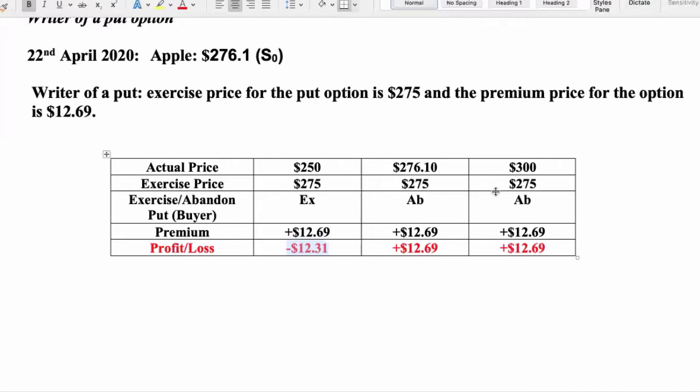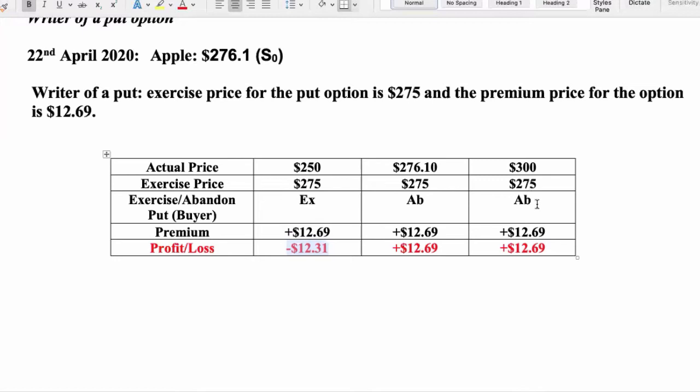What about here then? Let's look at the extreme example because I'll only be repeating myself for the middle one. So let's look at the extreme one. It's easier to look at. The buyer bought the option at $275 to sell at $275, but the stock ended up being $300. So the buyer's not going to want to sell at $275, so they abandoned that option.